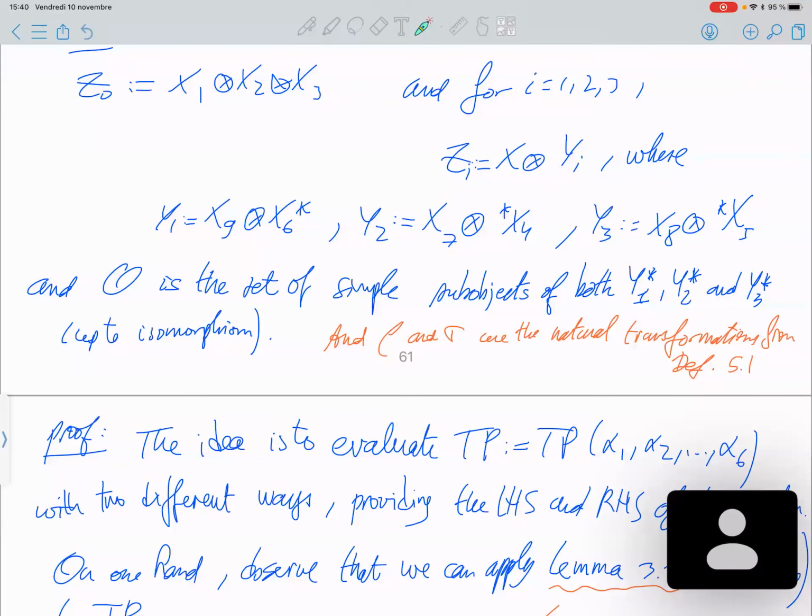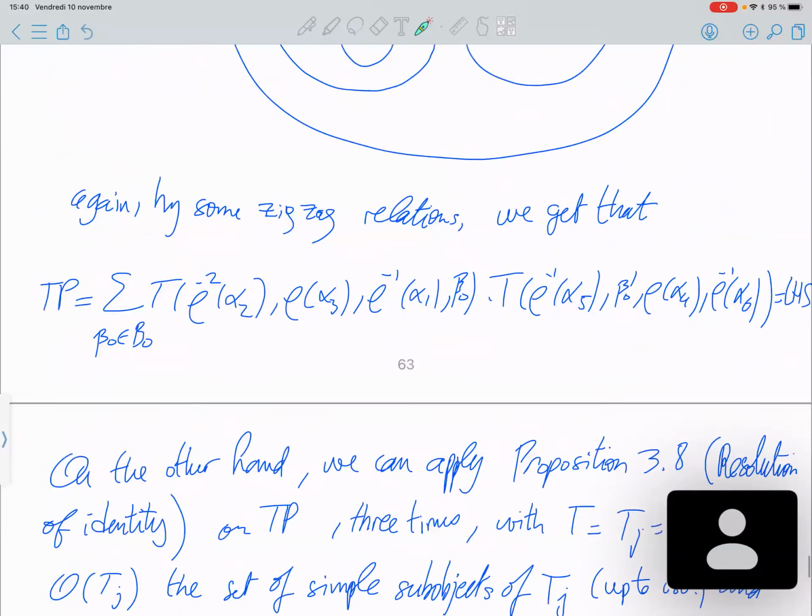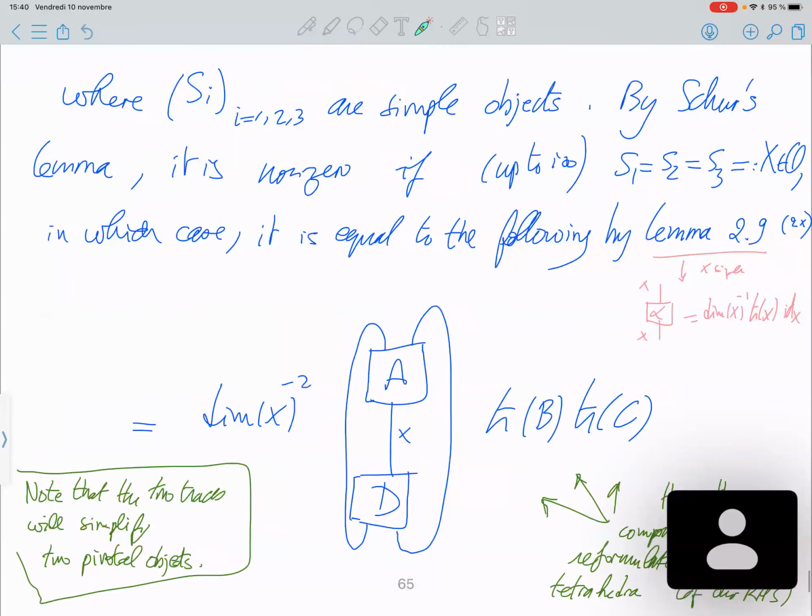So we only keep the non-zero summand, and the non-zero summand corresponds to the simple subobject of both this one and this one. So the set of possible simple objects here is by definition big O, and this is why we write X in big O here.